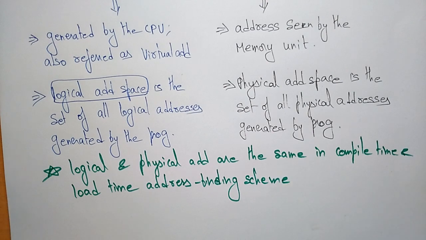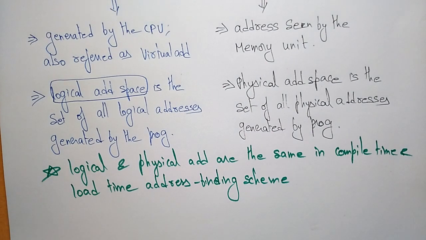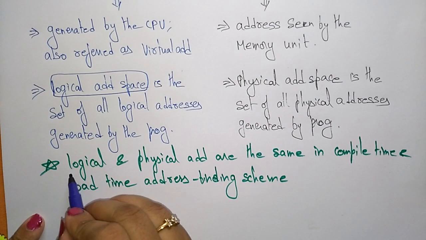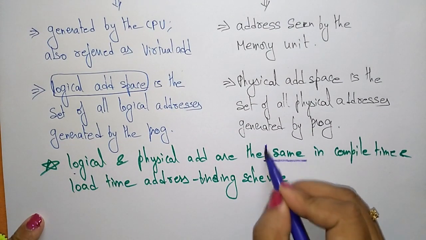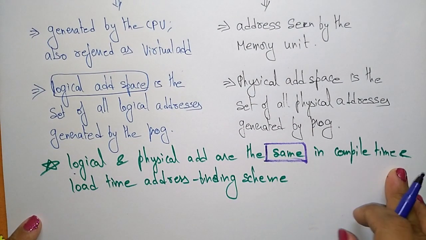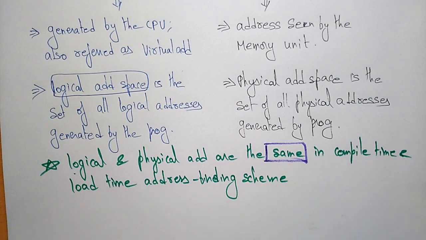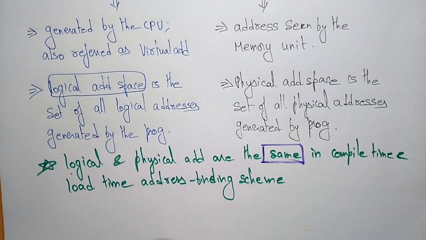So both are the same in compile time and load time. At the compile time of the program and at the load time of the program, the logical address and the physical address are the same. You have to remember that.